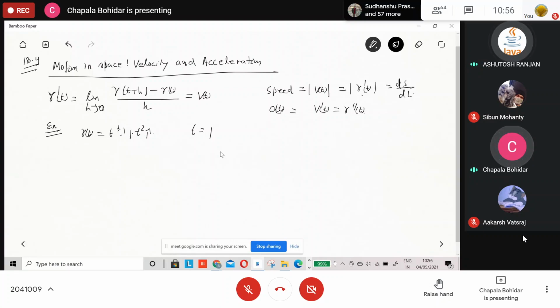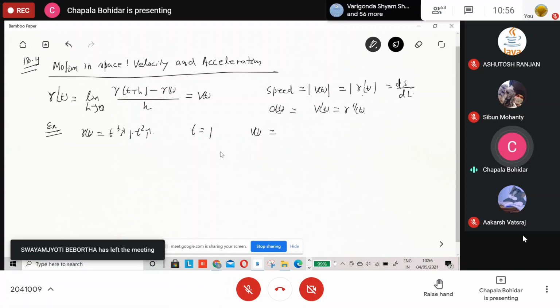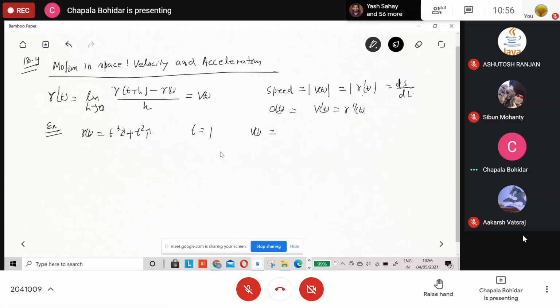What is the velocity? v of 1 is equal to 3 i cap plus 2 j cap.